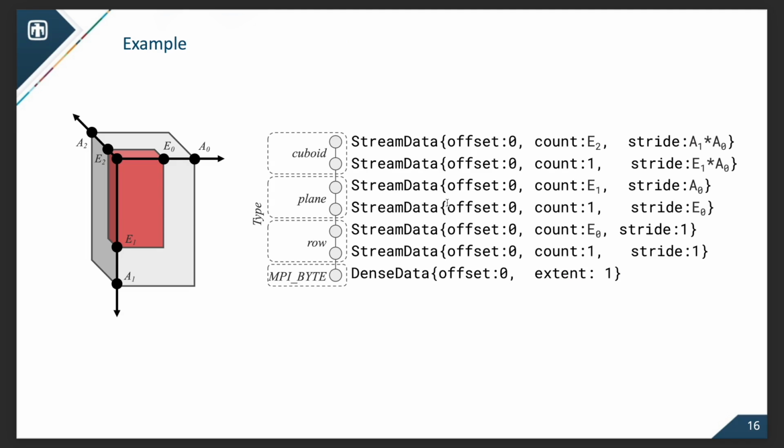This is an example of what the hierarchy looks like if we use several vectors to build up a 3D type. Since each vector is a repeated sequence of blocks of child elements, each vector maps to 2 stream datas. So when we use a vector to build up the rows, then the planes, then the cuboid, we end up with 6 stream datas instead of 3.